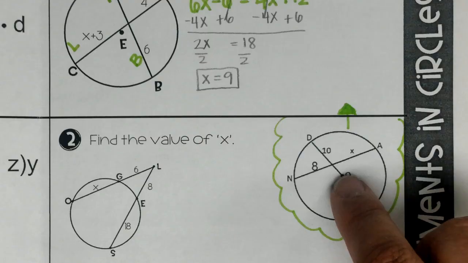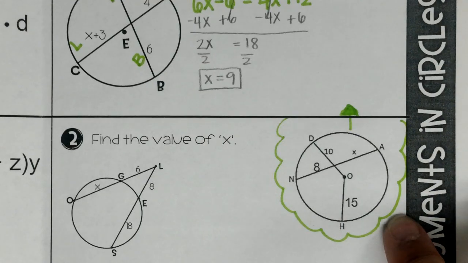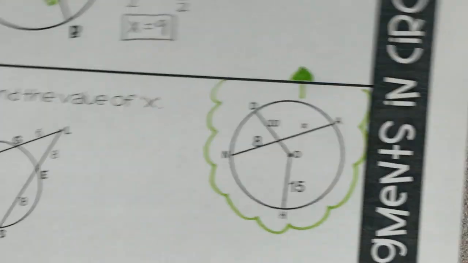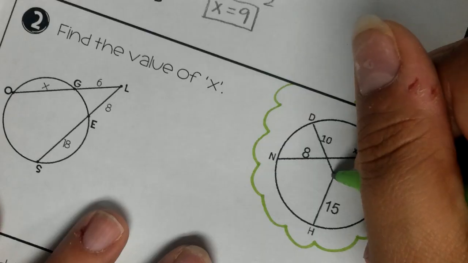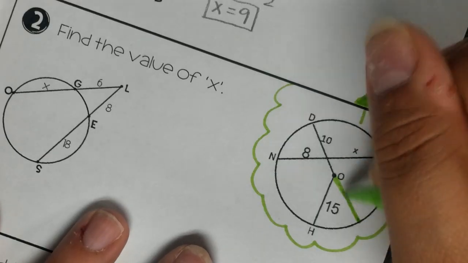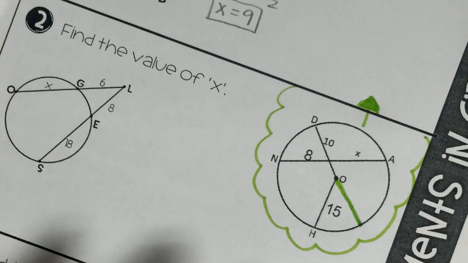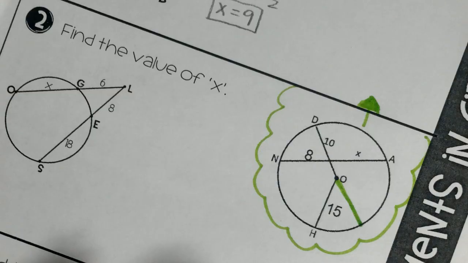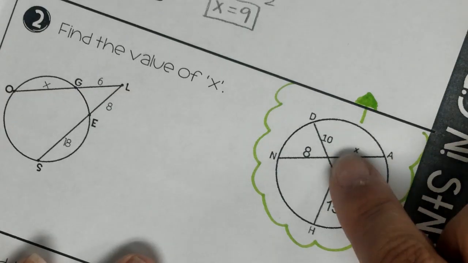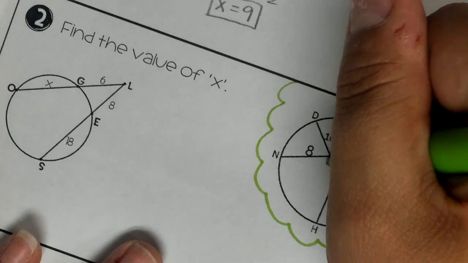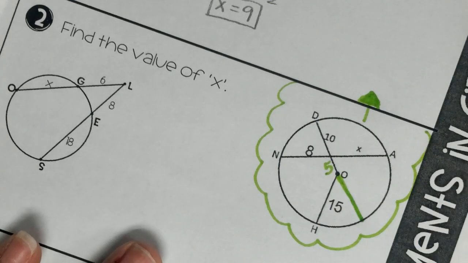But I don't have to finish drawing the other chord. It's still the radius, but I'm just going to draw it like this. Okay, so tell me what you're thinking in your head, because you're on the right track. 15 minus 10 is what? 5. Do y'all agree that little one right there is 5?